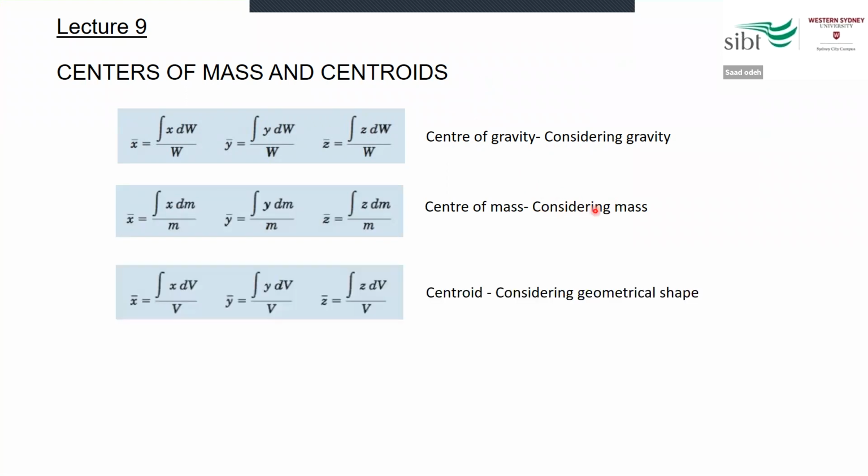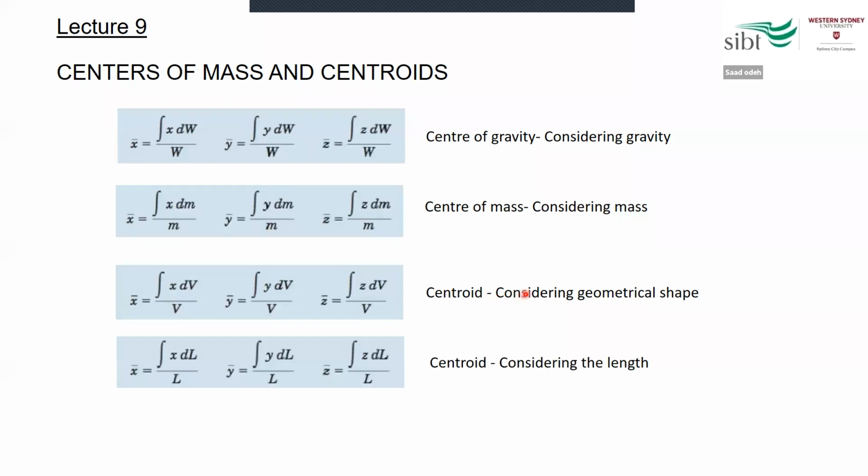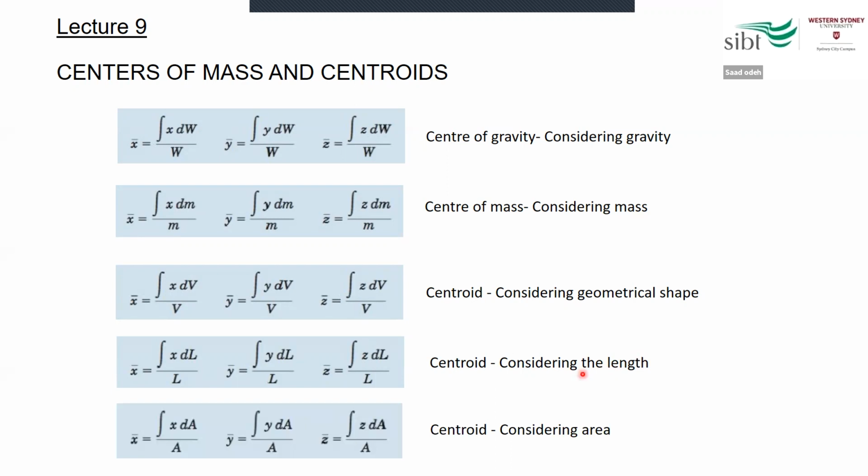We have centroid when we have a geometrical shape, so we call it centroid, not center of mass. We have another type of centroid when we consider length, and for area, the centroid considers area only.